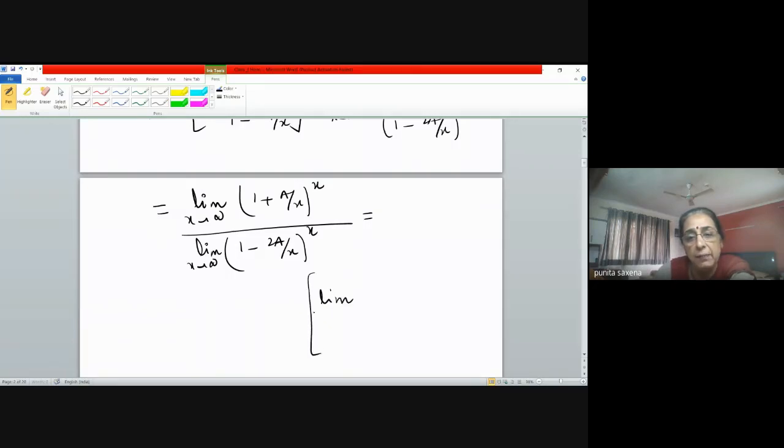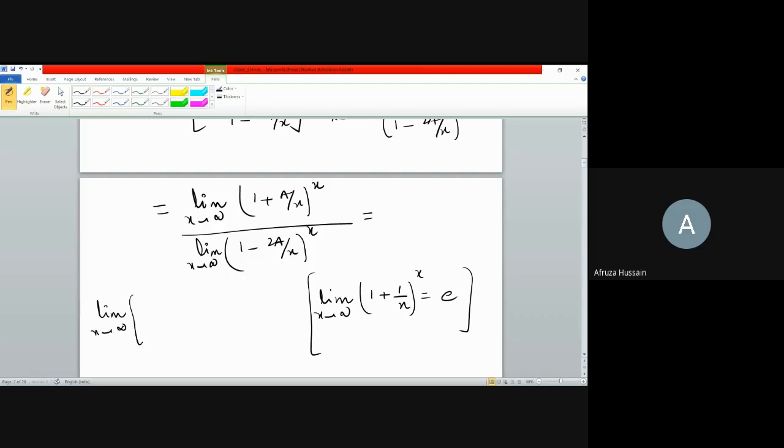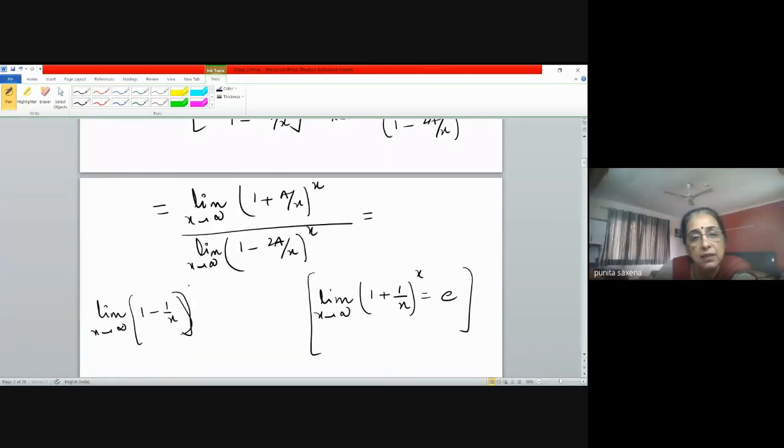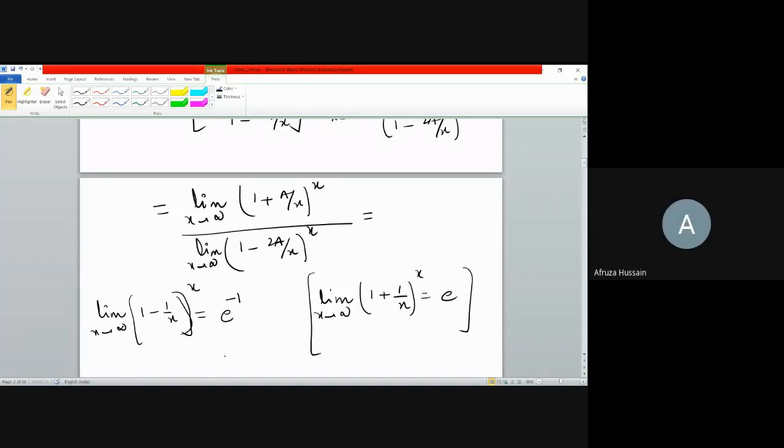You have limit x tending to infinity (1 plus 1 by x) to the power x as e. और मैंने होमवर्क में और क्या निकालने को दिया था बताओ? एक और दिया था शायद. (1 minus 1 by x) to the power x. हाँ, ये कितनी थी? 1 by e. 1 by का मतलब क्या हुआ? 1 by e, e to the power -1.